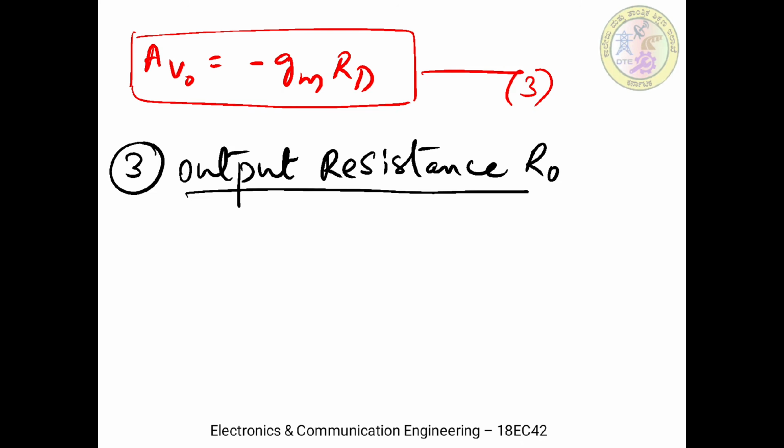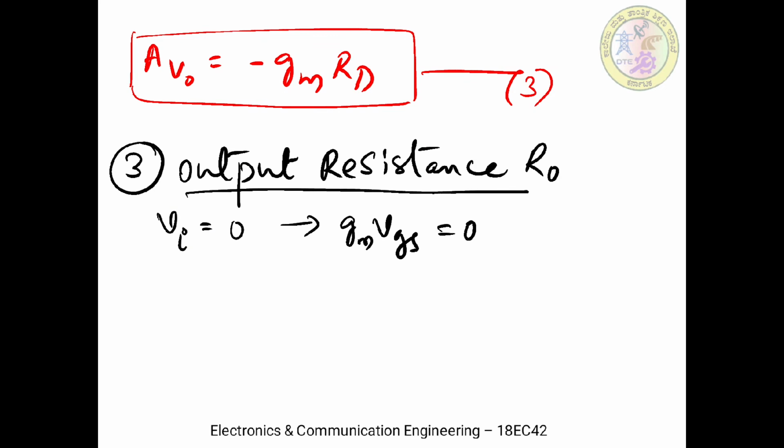When Vi is set equal to 0, VGS will be 0, and hence Gm into VGS will also be equal to 0.